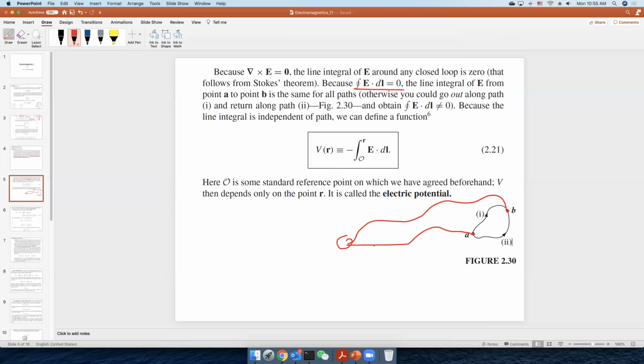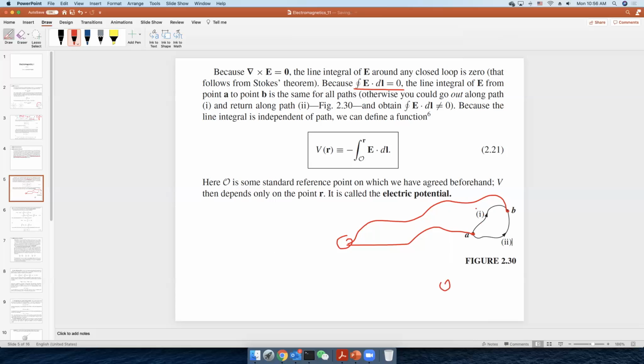And then we'll demonstrate that if you take the electric potential of B subtracted by the electric potential of A, you will get the electric potential difference between A and B, no matter which reference point you choose. You could choose the reference point to be here, or here.